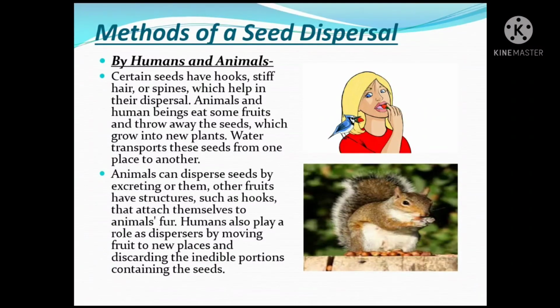Other fruits have structures such as hooks that attach themselves to animals' fur. Humans also play a role as dispersers by moving fruit to new places and discarding the inedible portions containing the seeds.